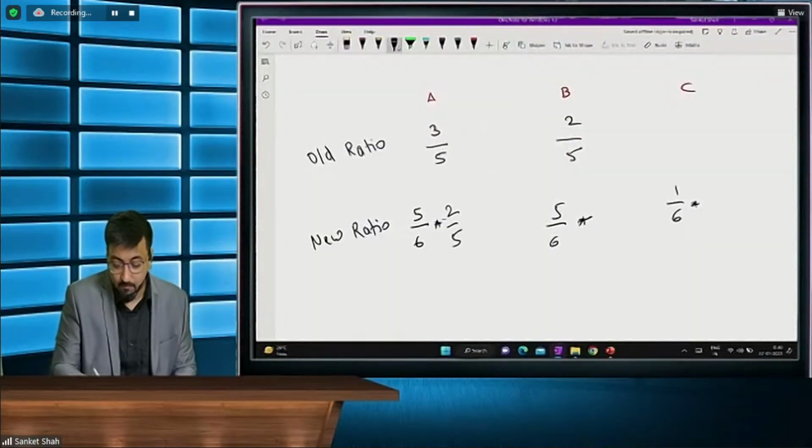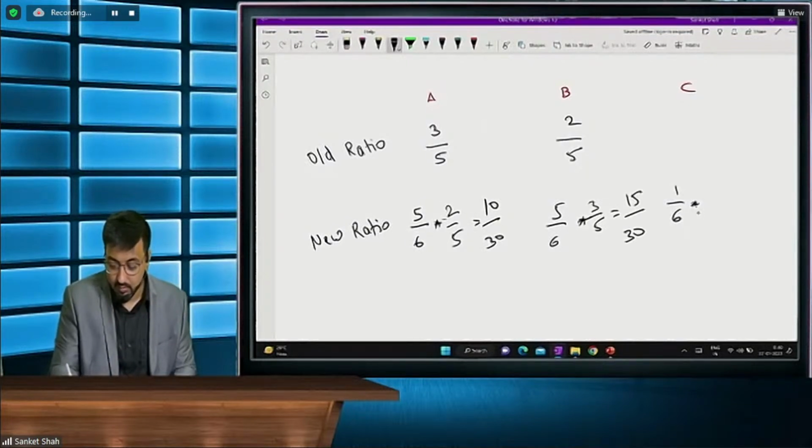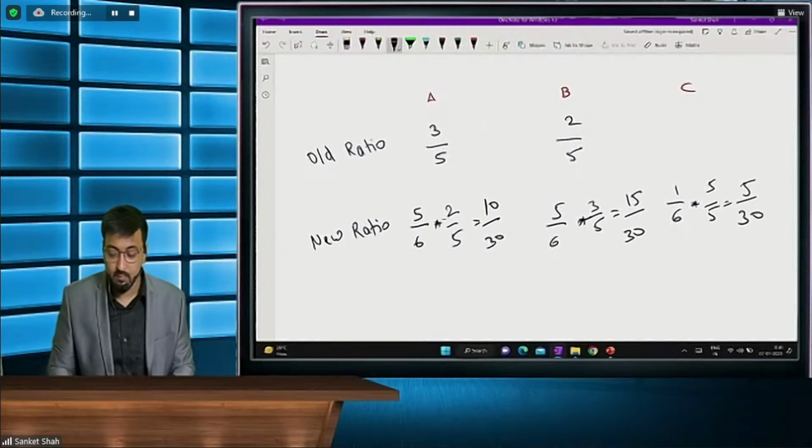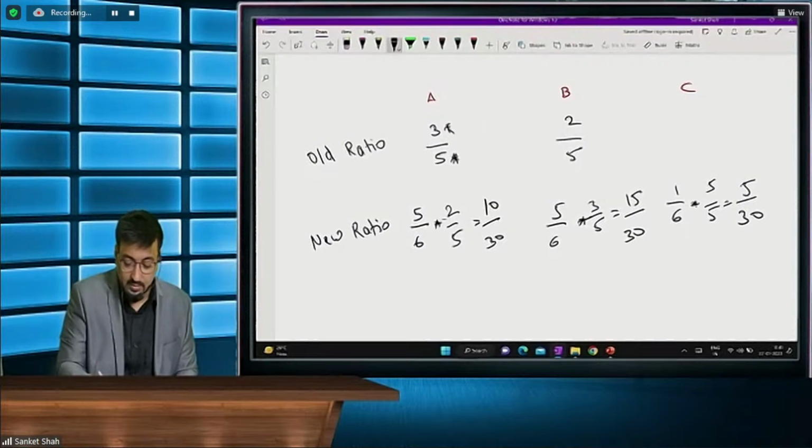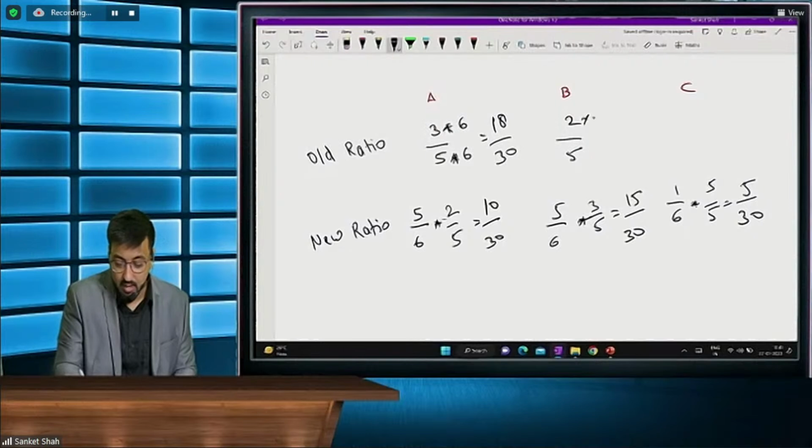So 2/5 and 3/5 of 5/6: 10/30, 15/30, and 5/30. Then we multiply the old shares by 6: 18/30 and 12/30.